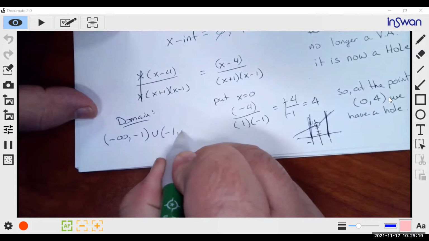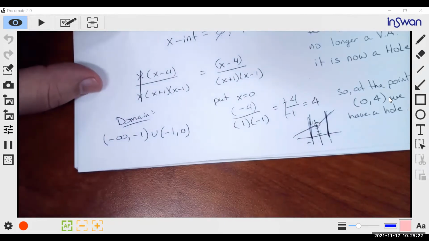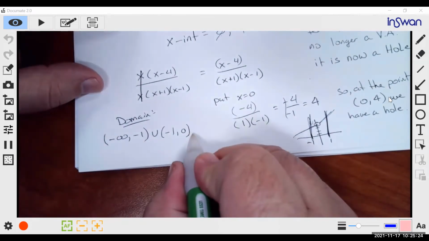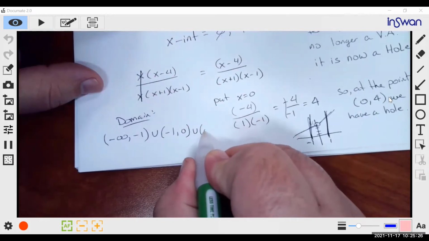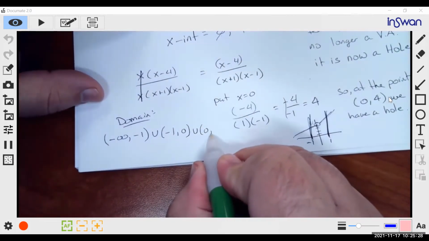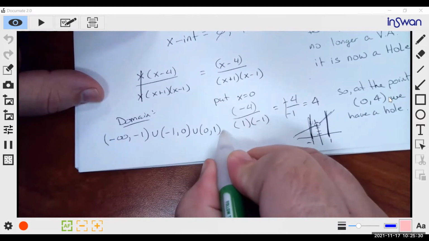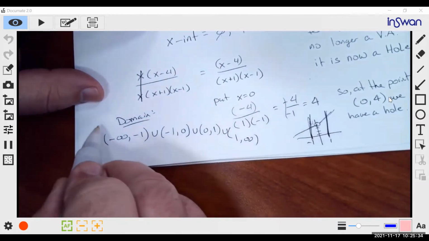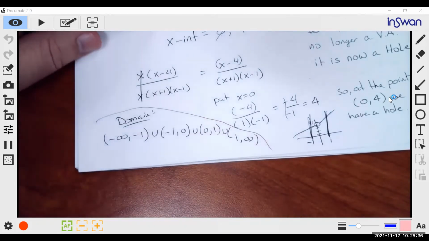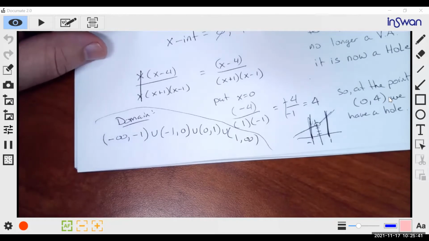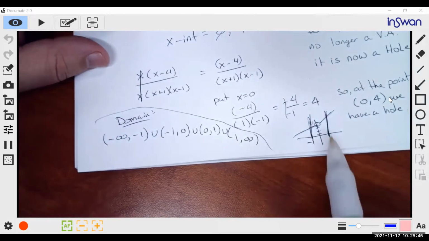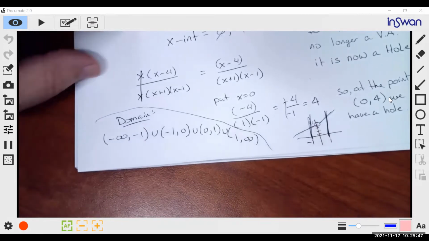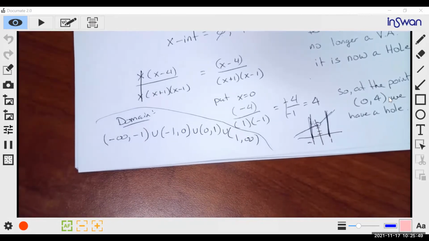From -1 to 0. From 0 to +1. And then from 1 to infinity. Because of that hole being there, I just can't use it.